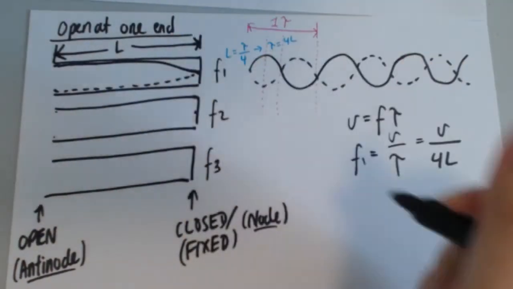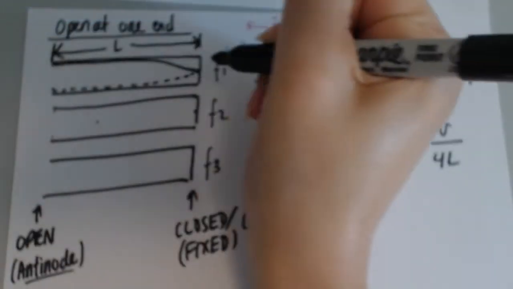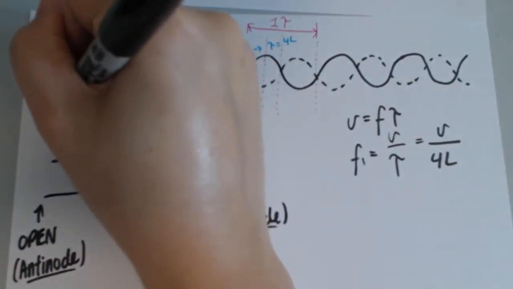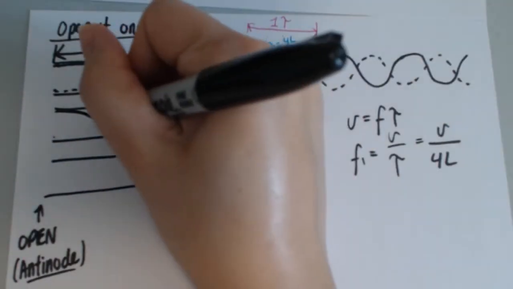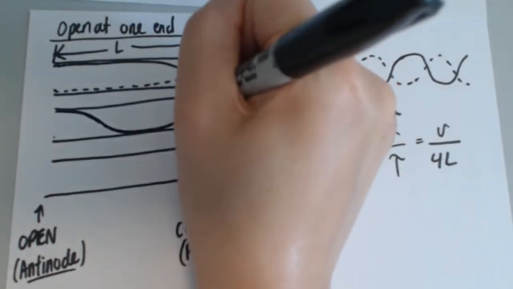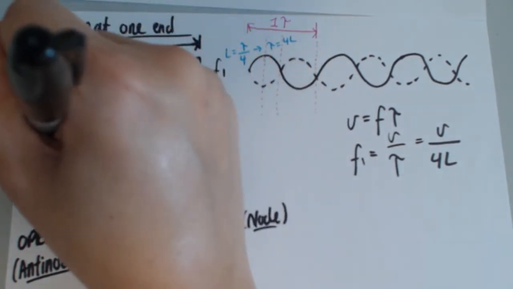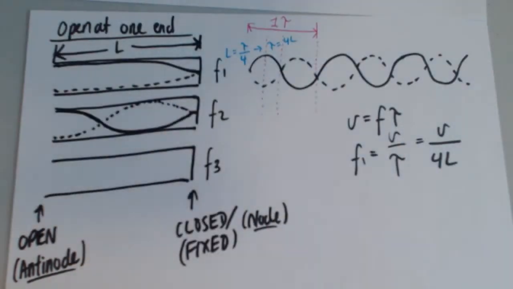I start with an antinode here, and I end up with a node here, and I also have a node somewhere over here. So I have something that looks like this. There's a quarter, there's half, and then this reflects, so therefore it inverts. So something like that. That's the next possible pattern that we can create.